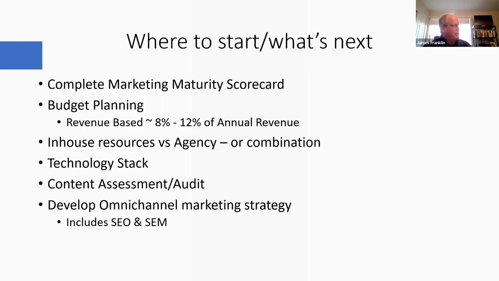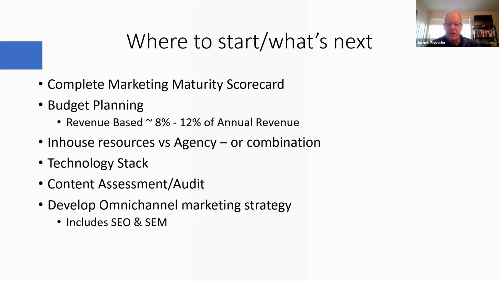So, in-house resources versus agency, we talked about that a couple of slides ago. I've seen the combination work very well for companies in that $5 to $25 million range, and maybe a little bit higher. There's also evaluating your technology stack, evaluating what your content is, and then from there, you start developing your omnichannel marketing strategies.